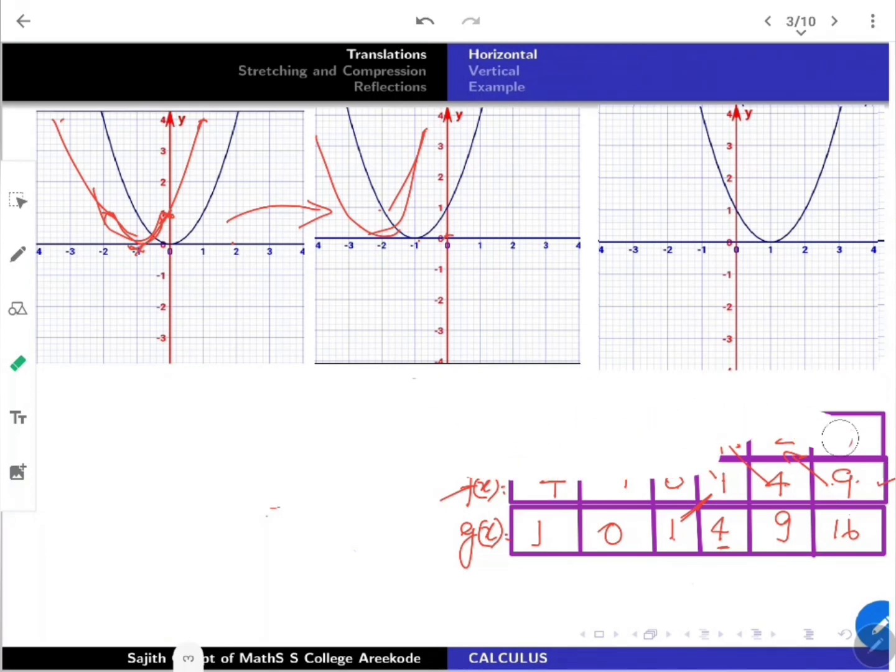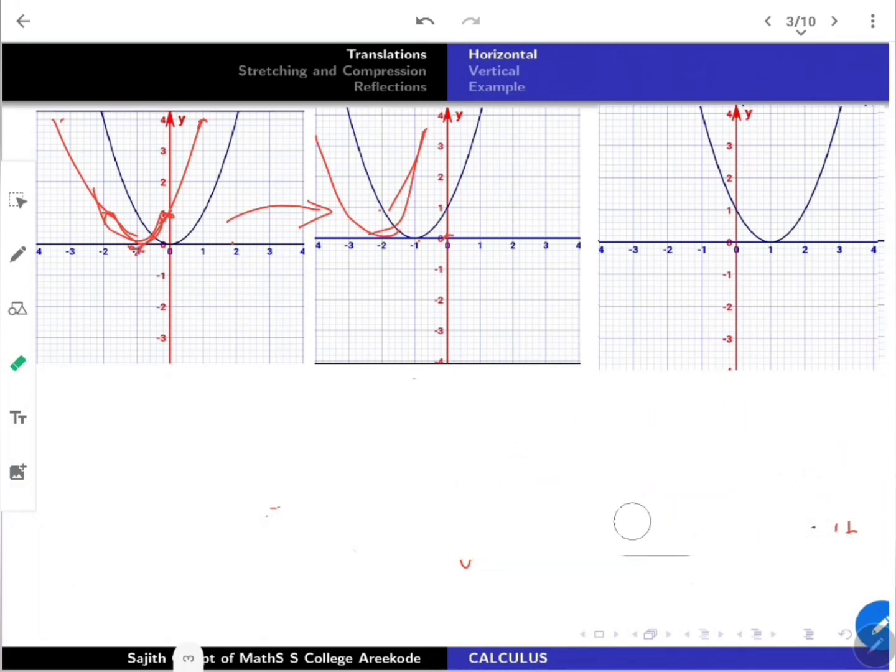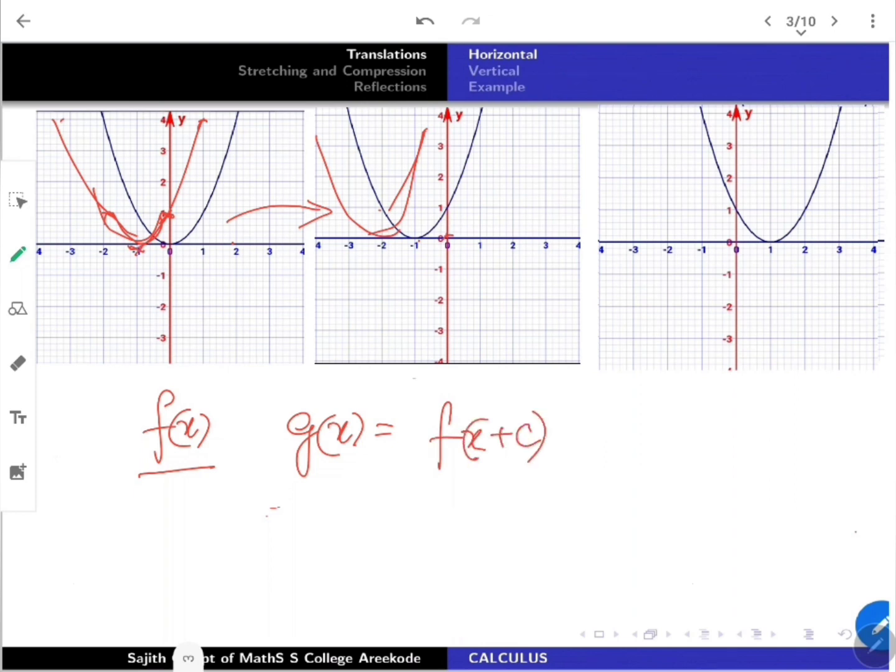If you are given a function f of x, and if you know the graph of f of x, and if g of x is given by the rule f of x plus a positive constant c, then the graph of g is nothing other than the graph of f shifted c units left horizontally. Here c is greater than 0.